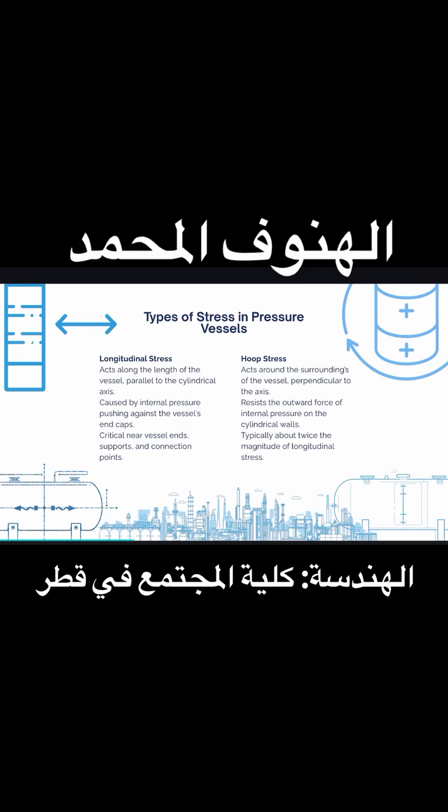The second one is hoop stress, which acts around the circumference of the vessel, perpendicular to the axis. It resists the outward force of interior pressure on the cylindrical walls, and is typically about twice the magnitude of the longitudinal stress.